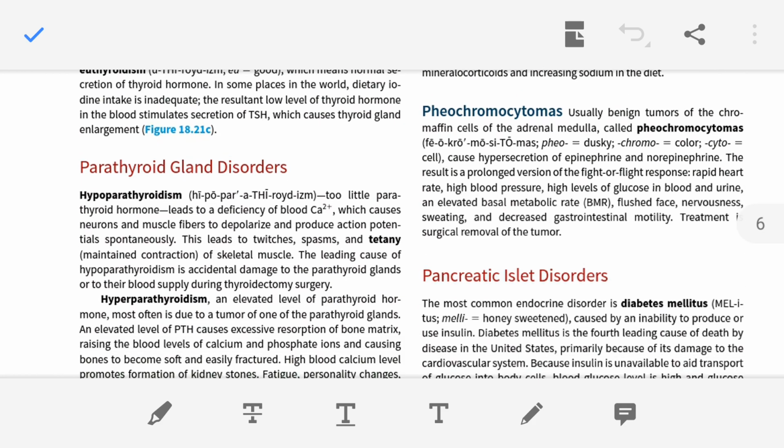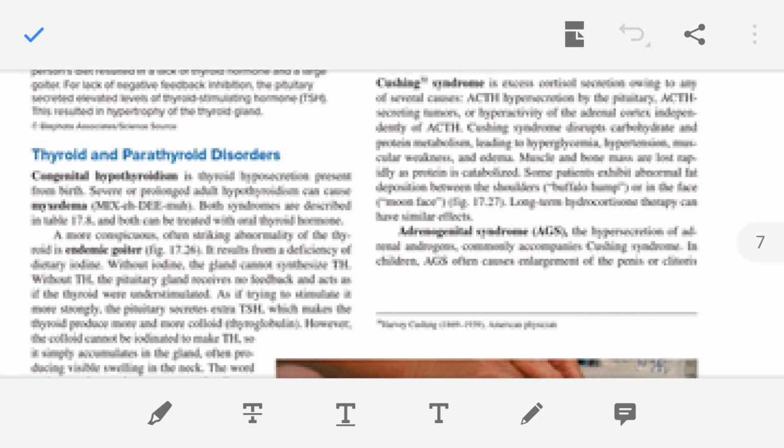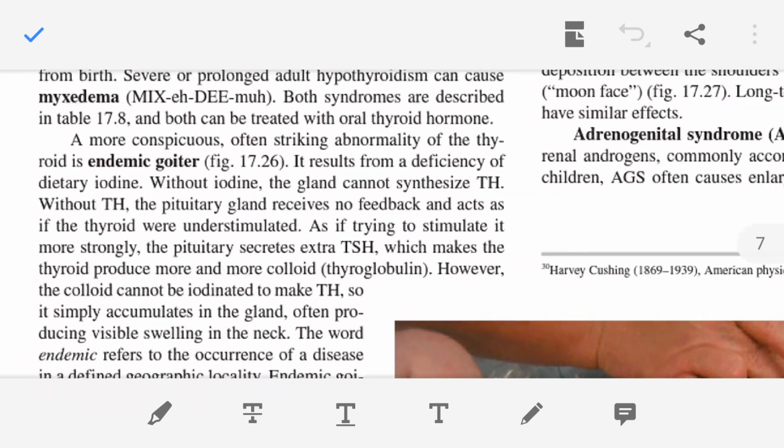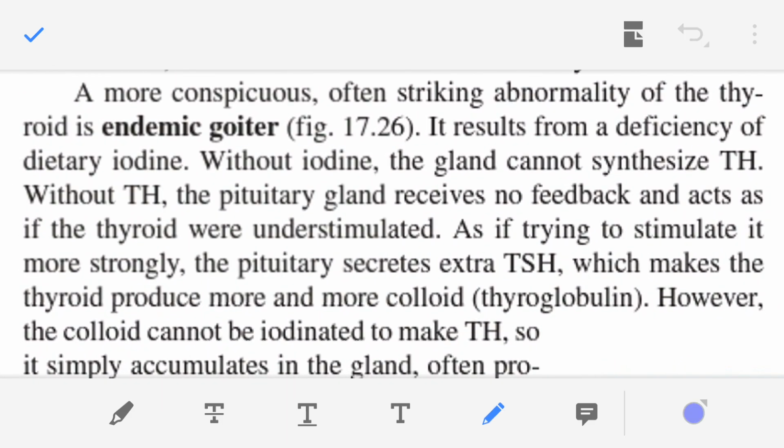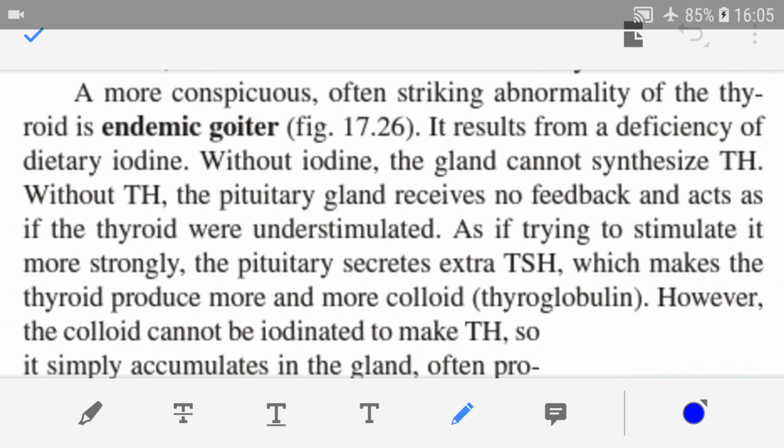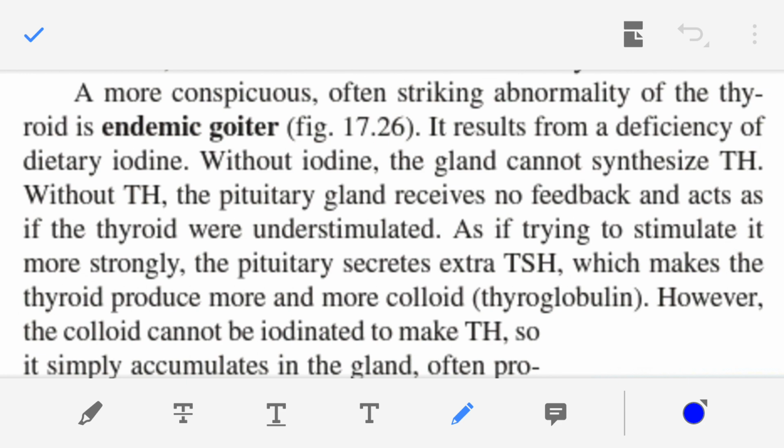Now moving forward. So a more conspicuous, often striking abnormality of the thyroid is endemic goiter.